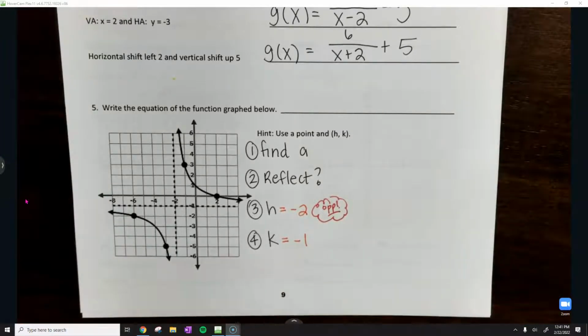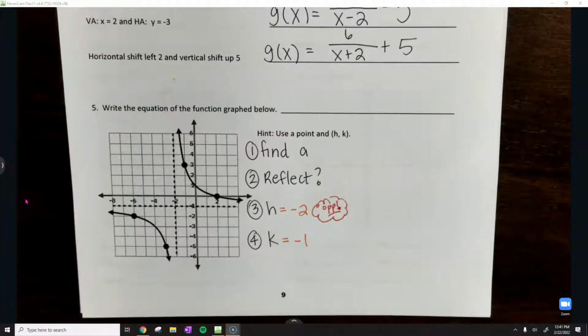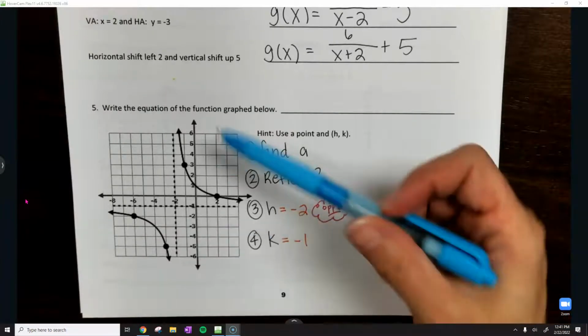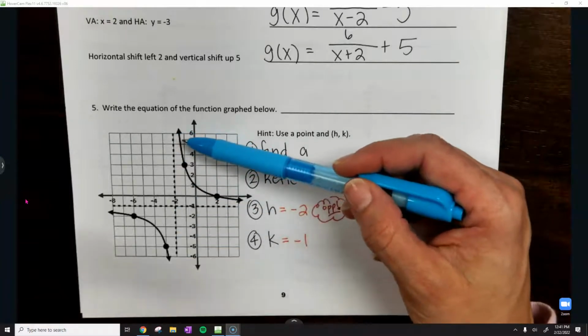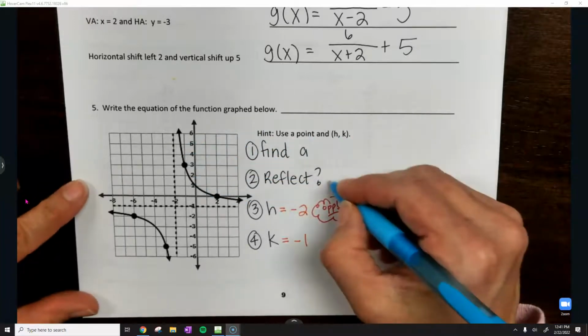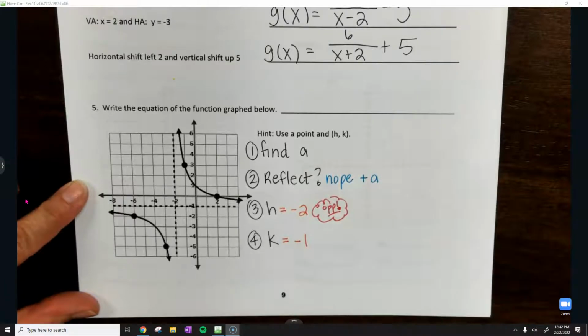And then, is this a reflection? It's not a reflection because here's my vertical asymptote, and I have an up arrow on the right. So it's not a reflection. So my a value is going to be positive.